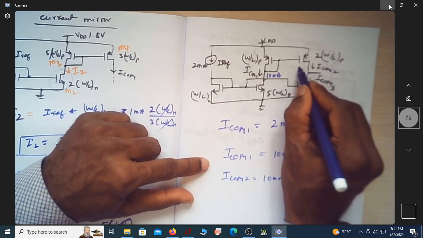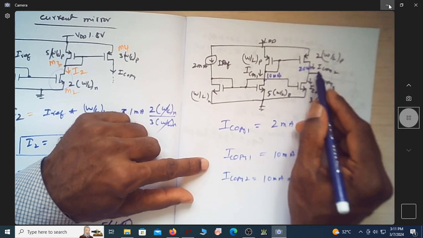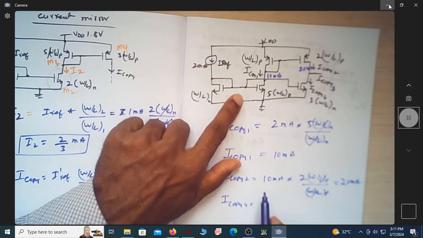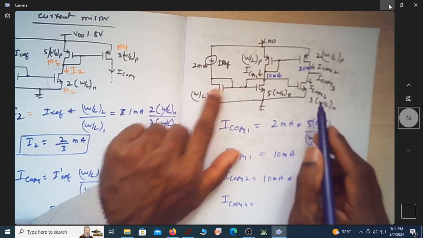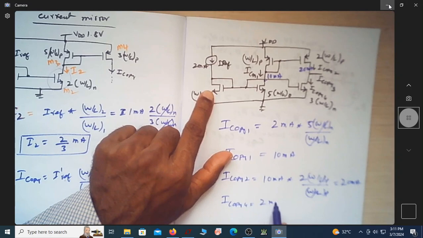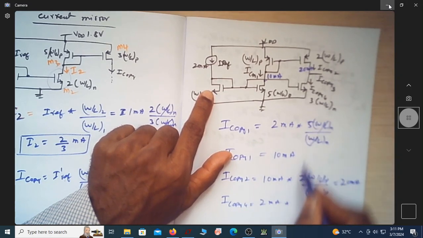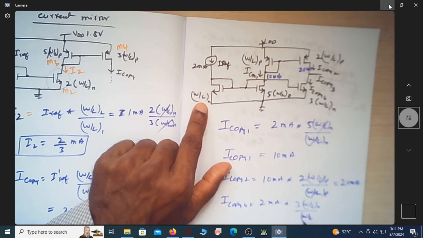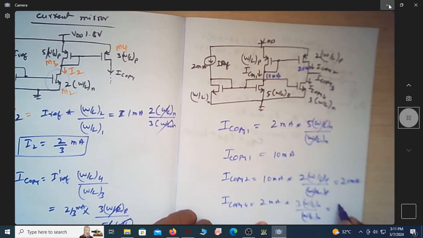So this is 20 milliampere. How about this? What is I copy 4? The reference for I copy 4 is this, which is 2 milliampere, multiplied by 3 W by L of N divided by W by L of N, which is now 6 milliampere.